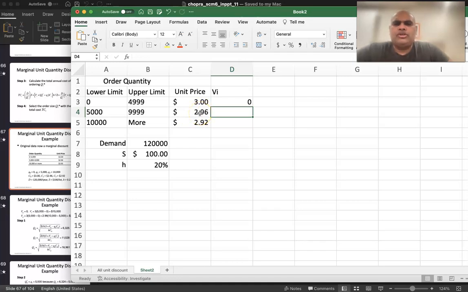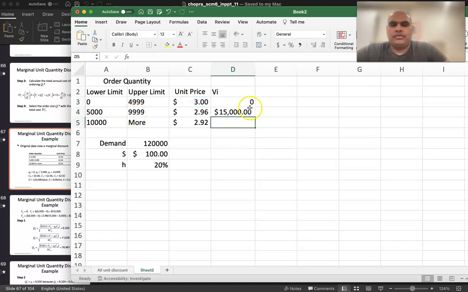But because it's only one unit and there are a large number of units, we can hand wave it a little and say that it's going to be $3 times 5,000. Technically, this should be 4,999 and not 5,000, but that is okay, it doesn't make a lot of difference. So V1 is 15,000.